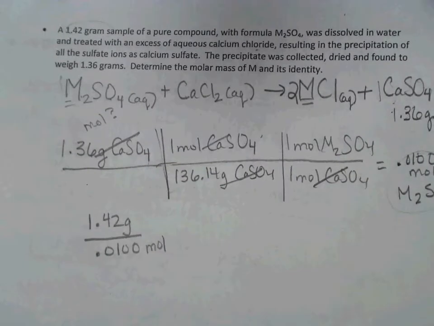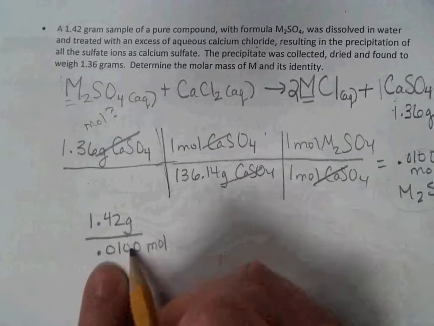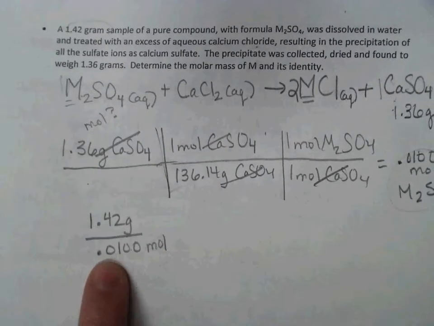What is grams per mole? What is grams per mole the unit for? It's something we've learned. We know it. We use it all the time. I just used it right here. Molar mass. All right, molar mass.